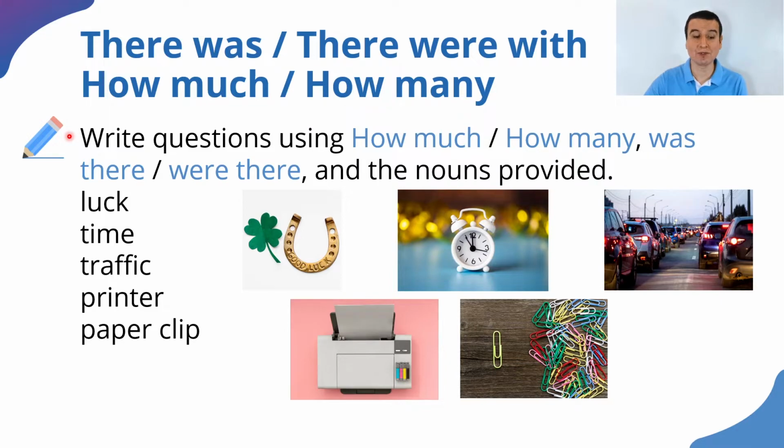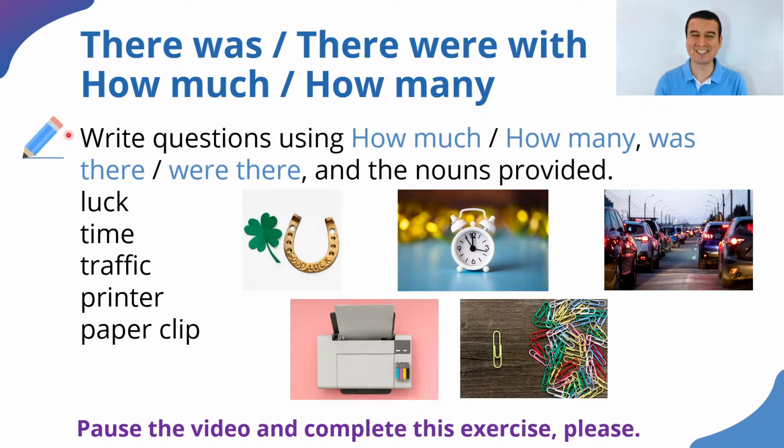All right, you have the words luck, like fortune, time, traffic, printer, paperclip. So those are the nouns that you need to ask questions with how much and how many. So analyze first which are countable, which are uncountable, and with that information you choose how much or how many. All right, go ahead, pause my video, complete the activity, please.